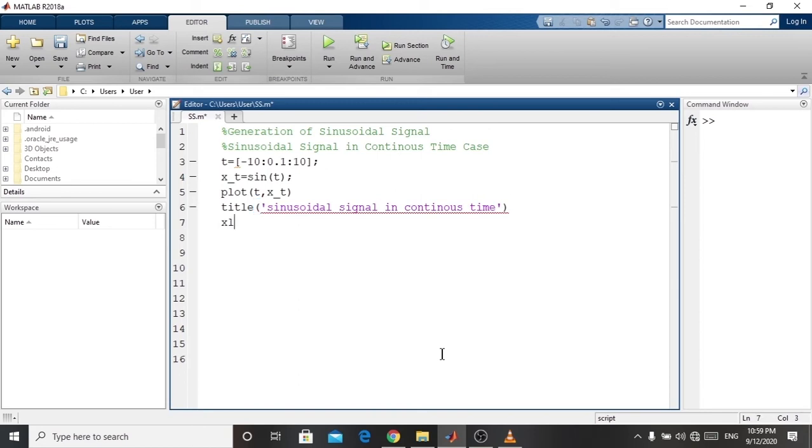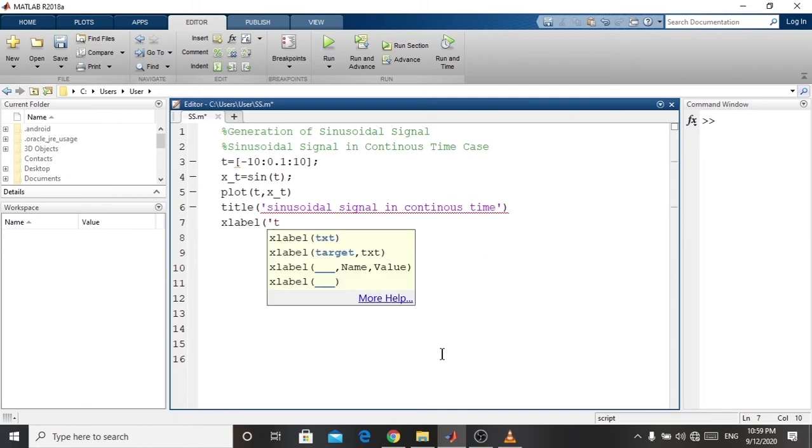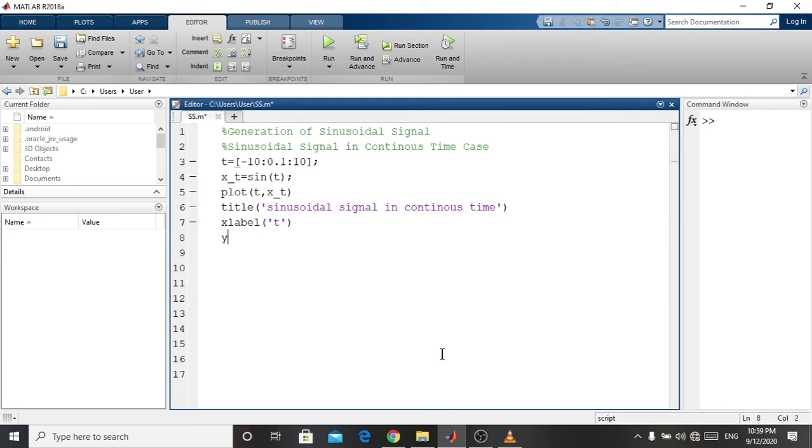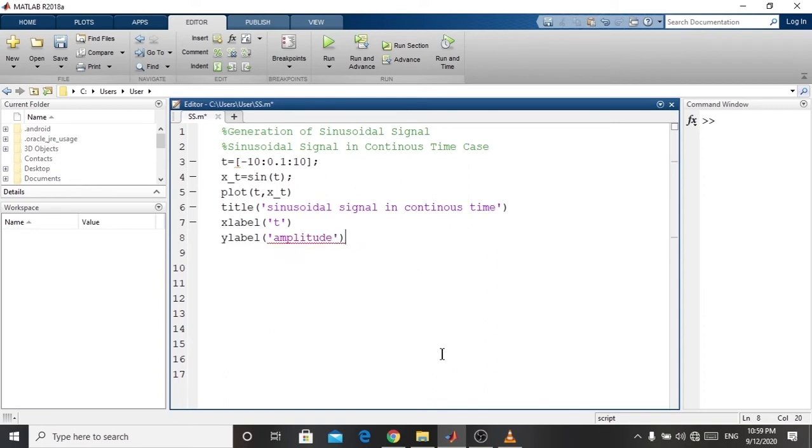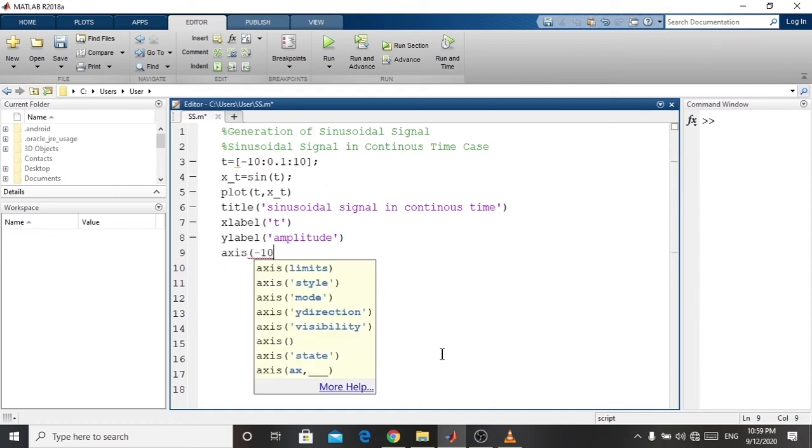Next x label as t and y label as amplitude. Next we can define the range of axis. X-axis varies from -10 to 10 and y-axis varies from -3 to 3.